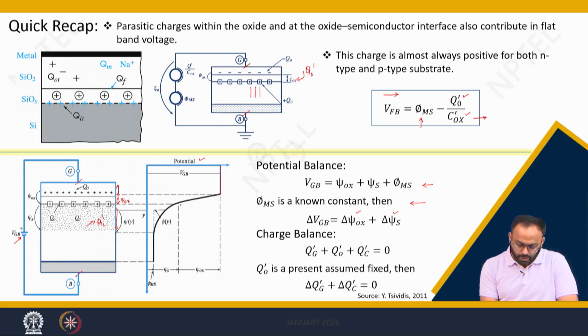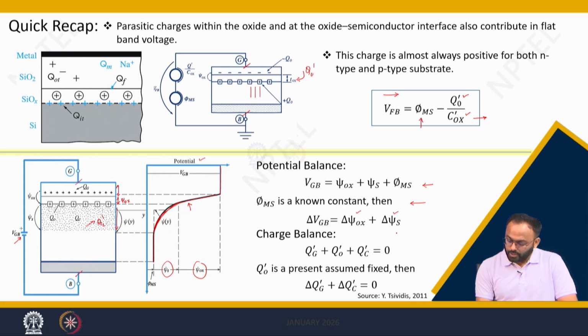Now the potential will drop across the oxide and across the surface, and the contact potential is just constant. As of now, we do not know what kind of behavior this is, whether it is exponential, linear, or what. We will see in a subsequent slide, but there will be a contact potential and a drop across the oxide and the semiconductor, referred to as psi ox and psi s respectively.